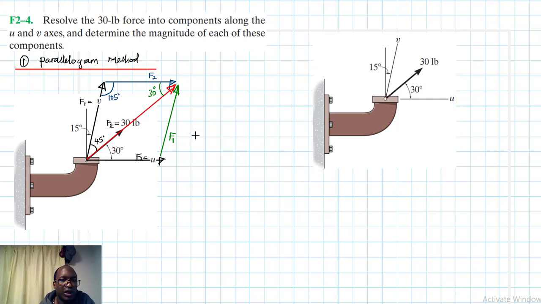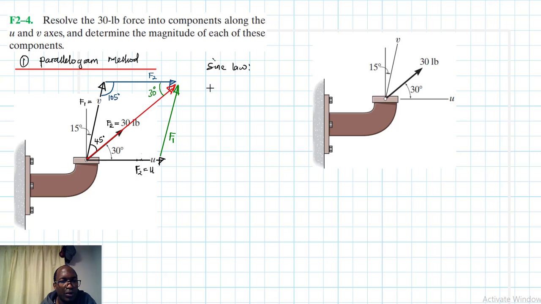So we want to find F2 and F1, where F2 is equal to U. We are going to use the sine rule, which is the easiest. Between cosine and sine rule, we can use the sine rule directly.